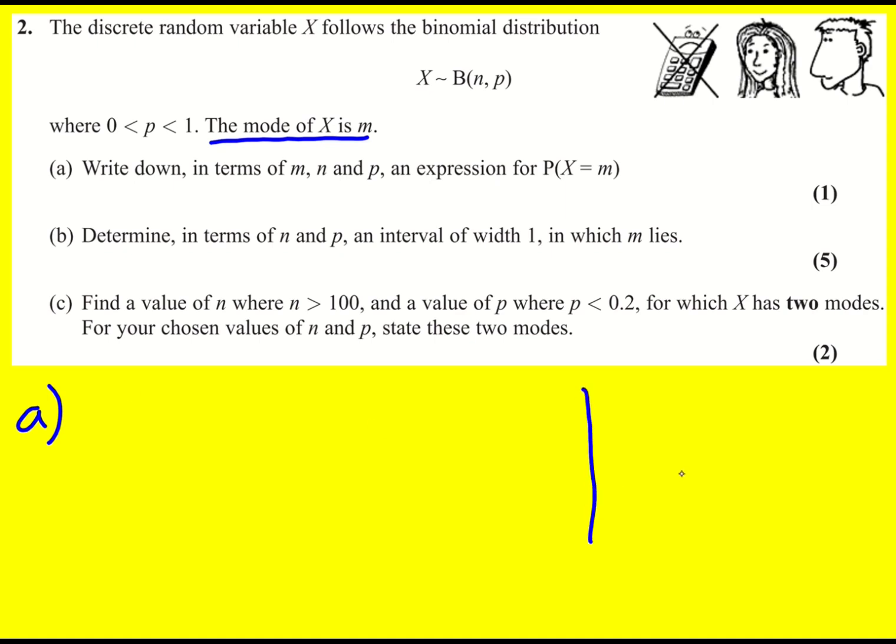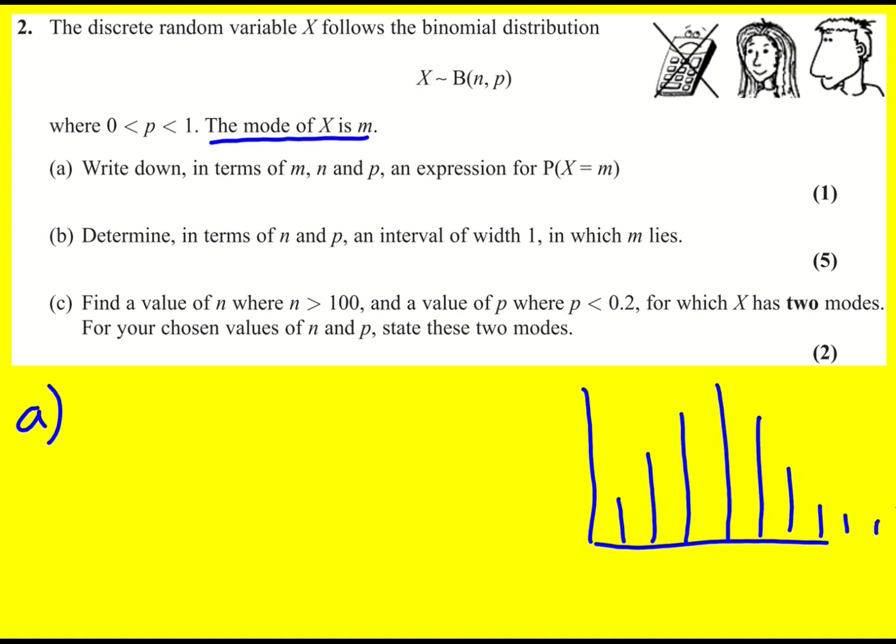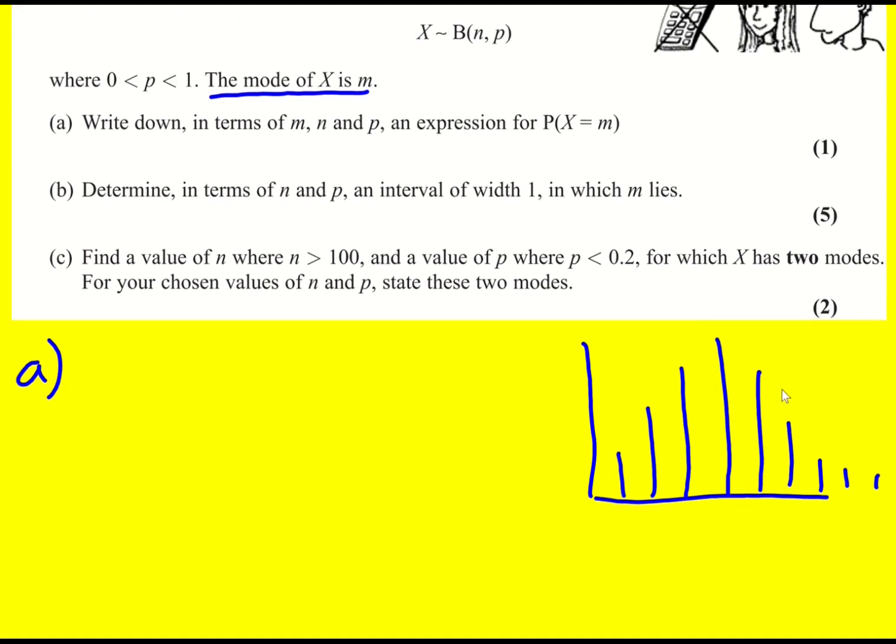But don't forget, if you were to draw a binomial distribution, it actually looks a bit like this. Okay, I've purposely not made it symmetrical, but it could be symmetrical if p was 0.5.